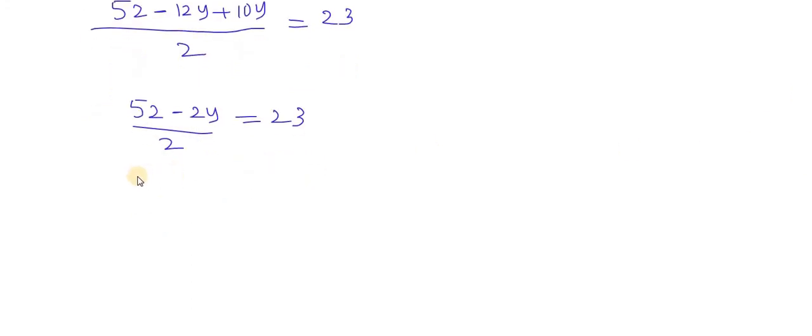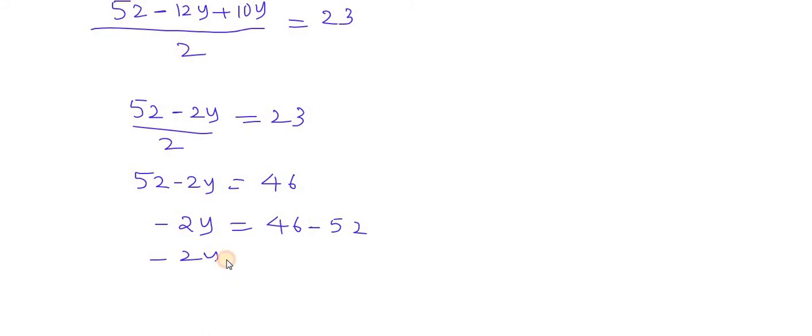Then 52 minus 2y equals 23 into 2, cross multiplying again. 23 into 2 is 46. Then minus 2y equals 46 minus 52, which is minus 6.